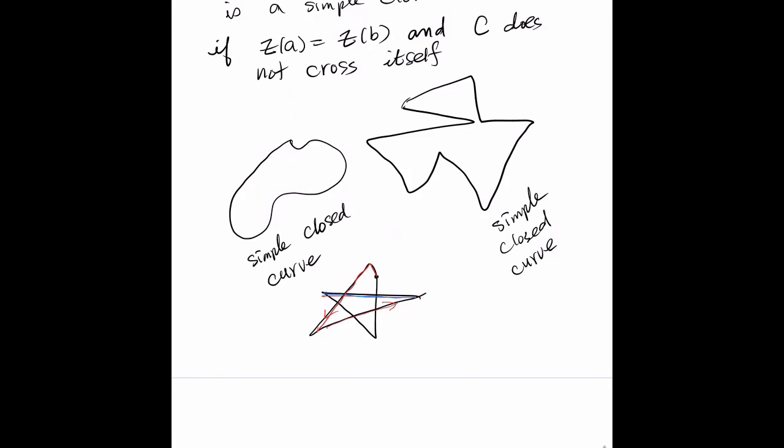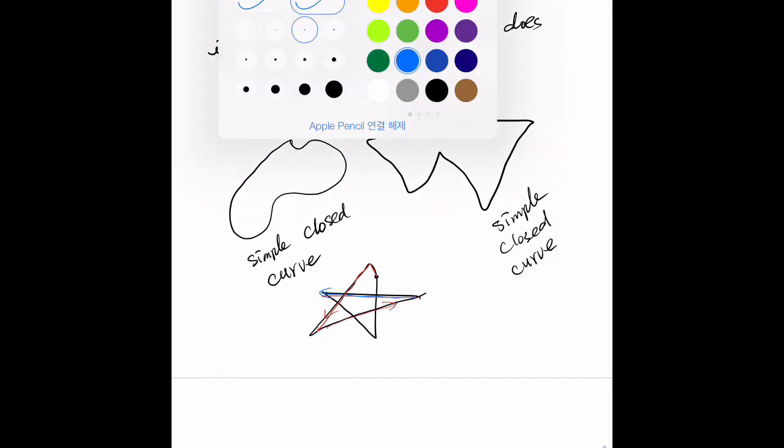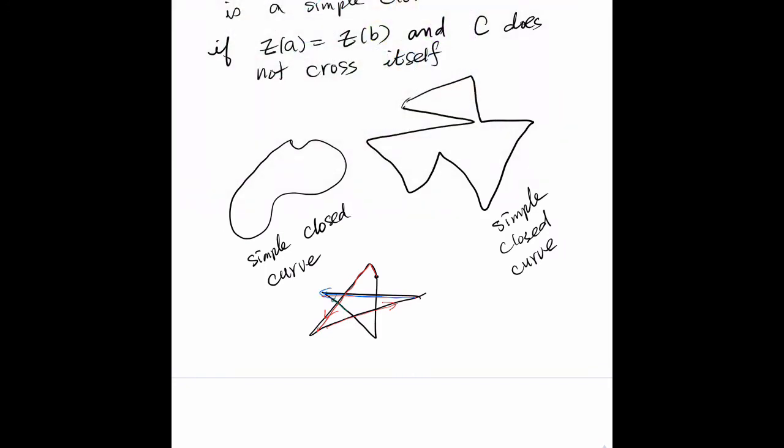Follow this way, and then that way, and end up here. So this is still a closed curve, but not simple. Not simple because they cross how many times? 1, 2, 3, 4, 5. Five times cross. So this is not simple.